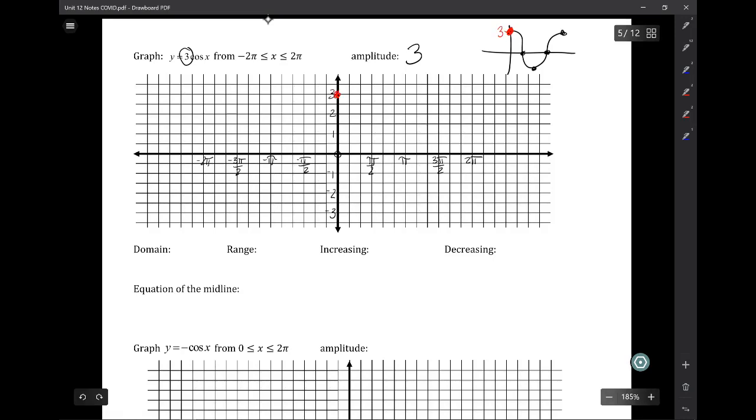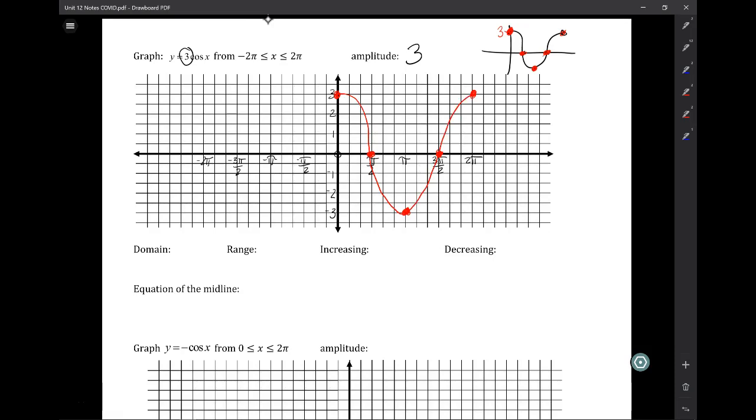So that's going to be our first point. Then after that, we go on the midline. So at 90 degrees, we're going to be on the midline. Then at the point after that one, so at 180, we should be down below in the length of the amplitude, so 3 below. Then we go back up to the midline, and then our 5th point should be above, back to our maximum. That is going to give me 1 full cosine curve.